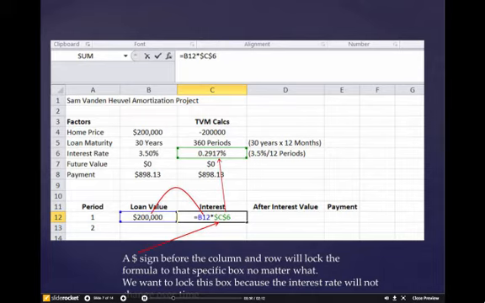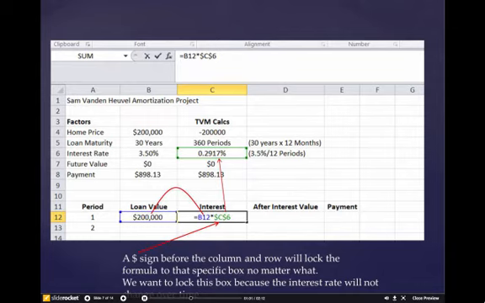Always begin with an equal sign, and you can see that in the cell. Then what we're going to do is click in the loan value cell. So you're going to hit equals, click in B12. Now we're going to use a multiplication symbol, that star button or shift 8. And then we're going to click into the C6 cell, our monthly interest rate.